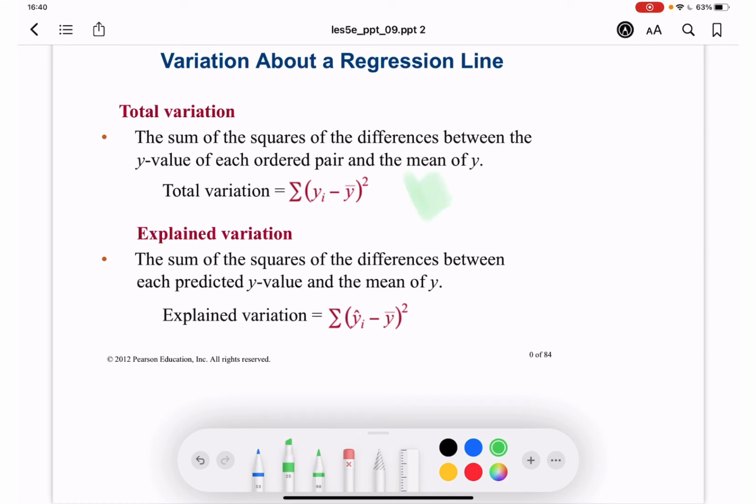So, explained variation, it's the same way, a sum of squares of the differences between predicted value and y average value. That's explained variation. Okay?